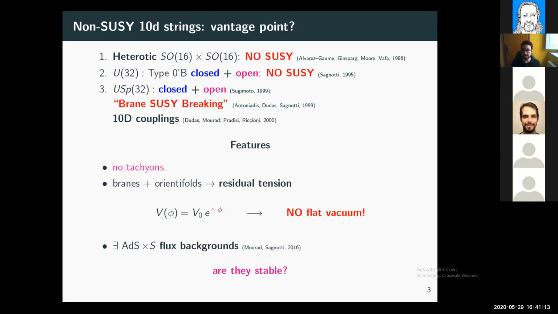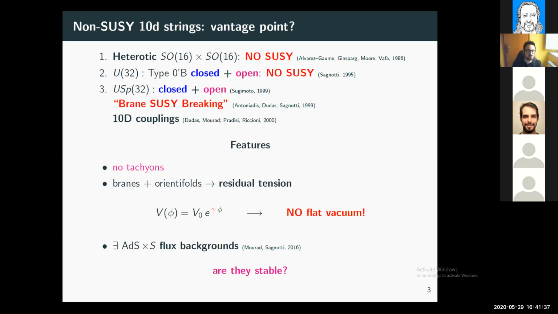Breaking supersymmetry via this projection induces a one-loop vacuum energy, which is non-zero. And this feeds back into the low energy effective action as an exponential potential for the dilaton that looks like this. So already we can see some low energy consequences of SUSY breaking.